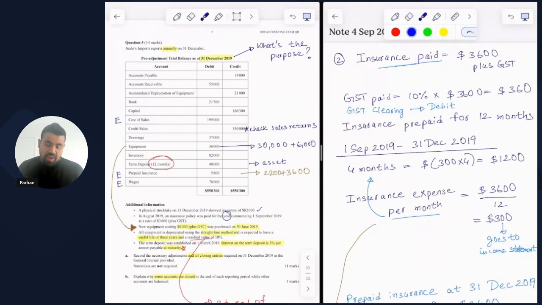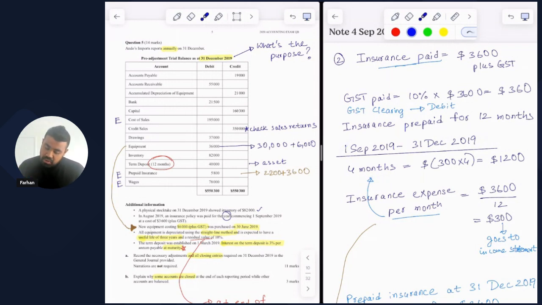Now we are doing the adjusting entries for the reporting period ending 31 December 2019. Given that the insurance is in use from 1 September 2019 until 31 December 2019, we have 4 months in total that we have consumed the economic benefits that come with this insurance.